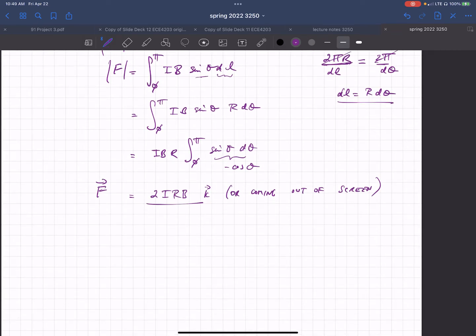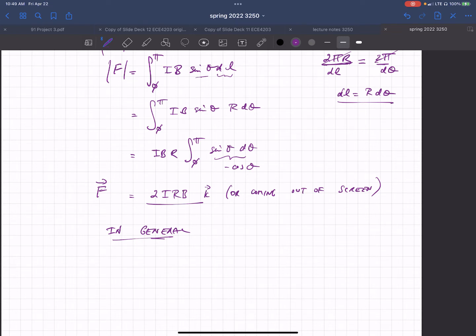And I'm not going to show this to you guys, but I'm just going to tell you this, that in general, because I'll be using this shortcut later. This might be in your homeworks, maybe not. Not sure.